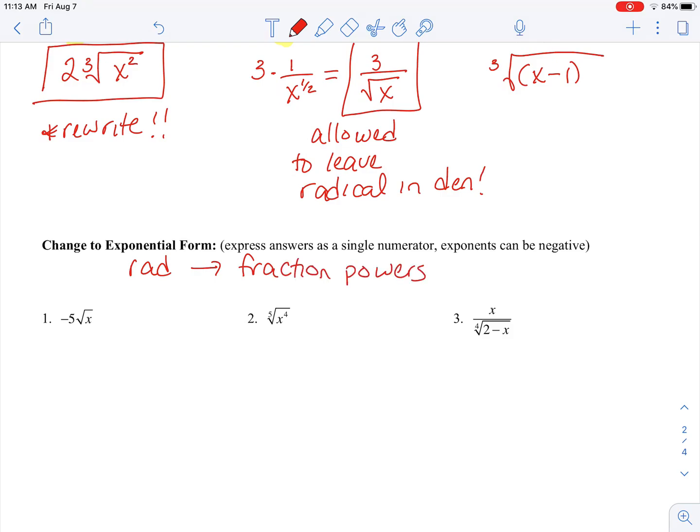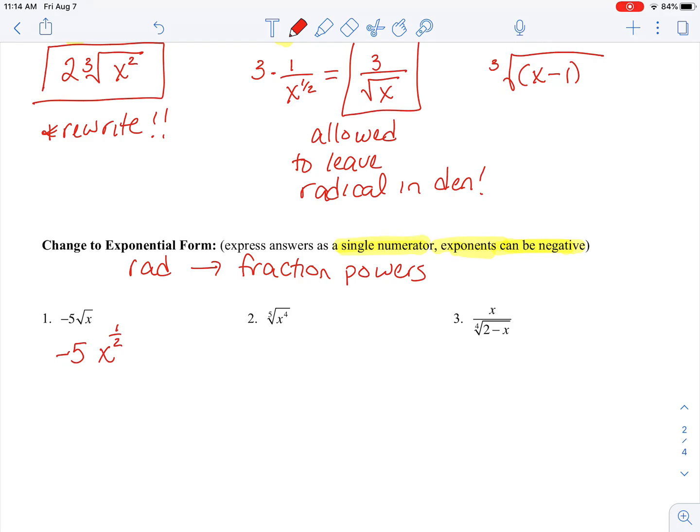And now with these types of examples, we're going to want our answer as a single numerator, so we're allowed to leave exponents negative. Okay, this is also a hard thing for students to understand.